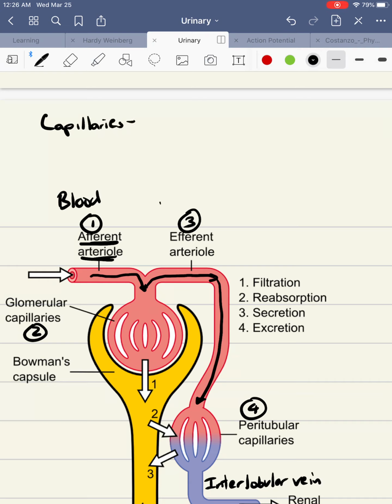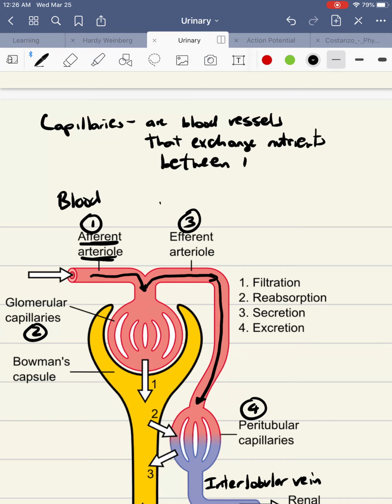We learned in circulation that capillaries are blood vessels that exchange nutrients between the bloodstream and the tissue cells.